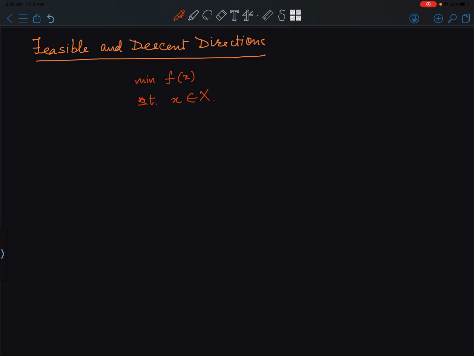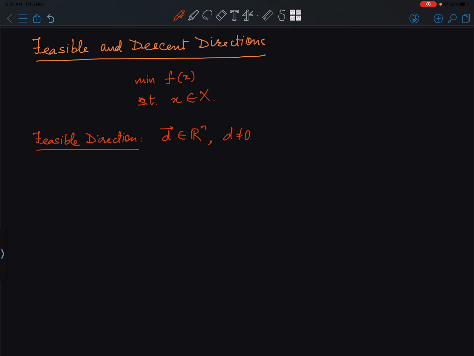So, I define a feasible direction. Let's define it. Suppose I have a vector d which belongs to R^n, an n-dimensional vector, and d is not equal to 0.